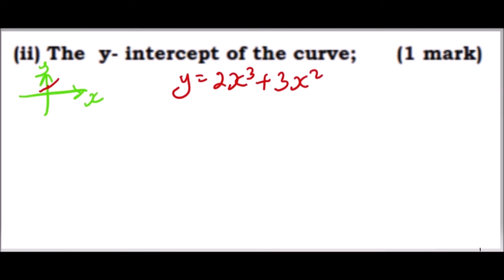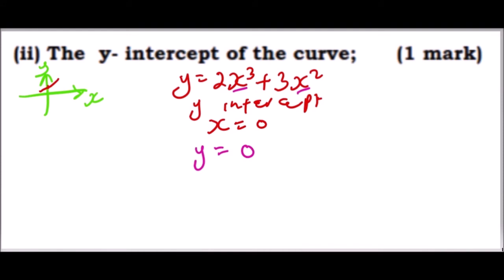So at the y-intercept, x equals 0, and we substitute 0 into the function. 2 multiplied by 0 cubed is 0, plus 3 times 0 squared is 0. So y equals 0. That is the y-intercept, and you get 1 mark.